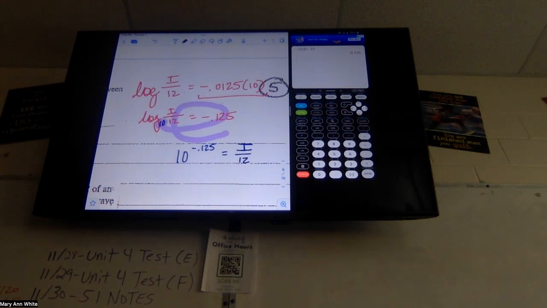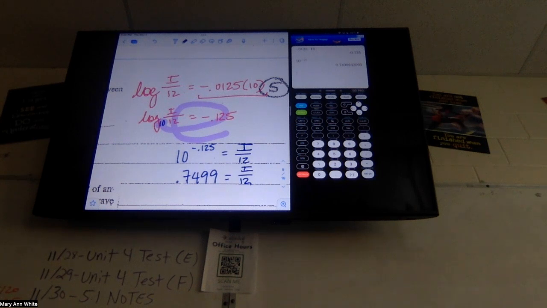10 to the negative 0.125 equals I over 12. Can you do 10 to the negative 0.125 in the calculator? Why not? I don't know what it is, but we can do it. 10 caret negative 0.125, and I get 0.7499 equals I over 12.